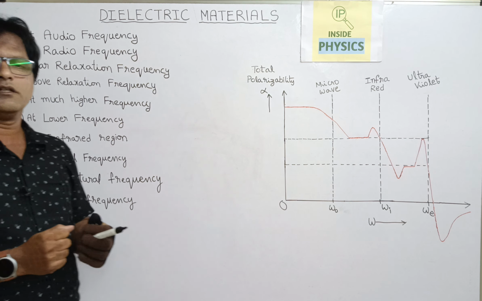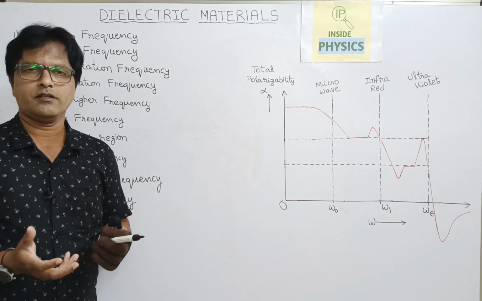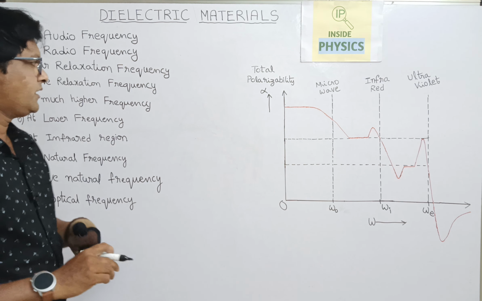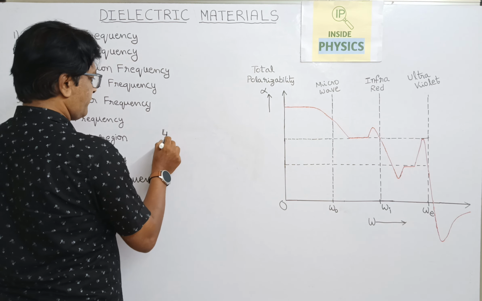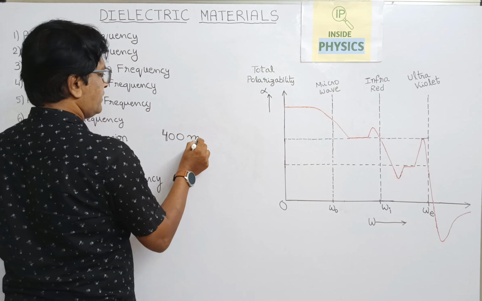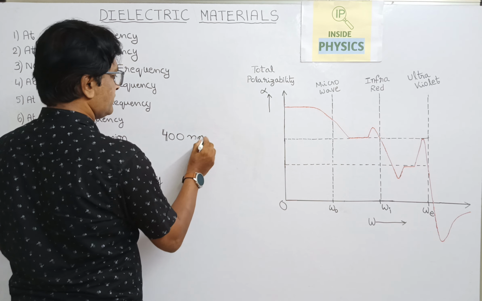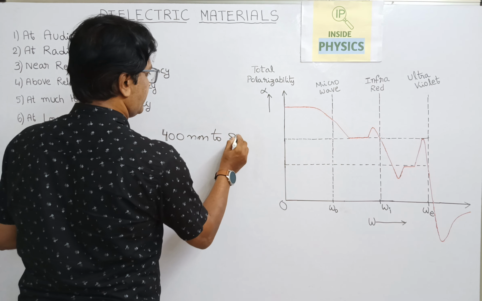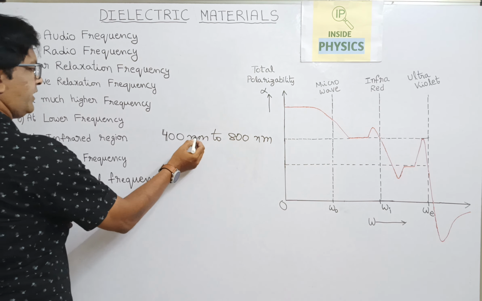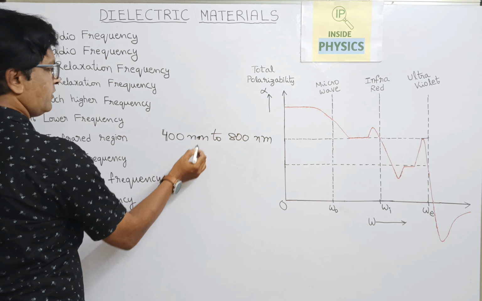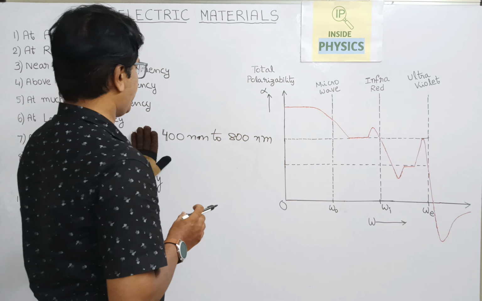Optical means the optical zone, the visible light. The wavelength is roughly between 400 nanometers to 800 nanometers. So this is the wavelength region of the visible spectrum.